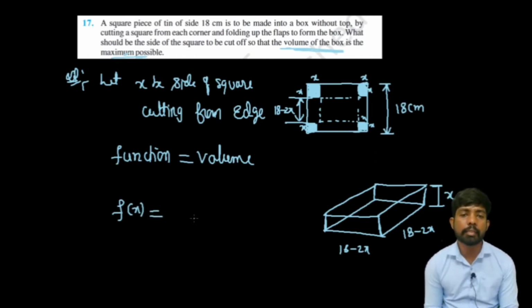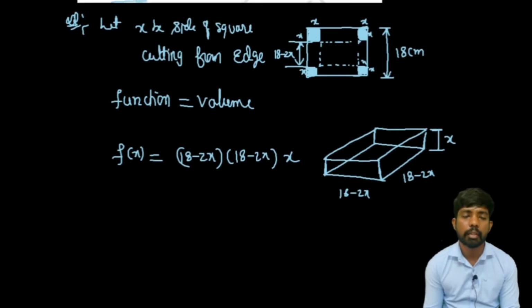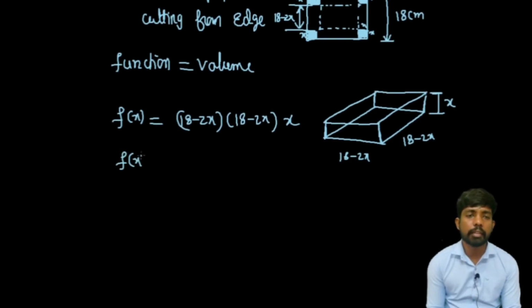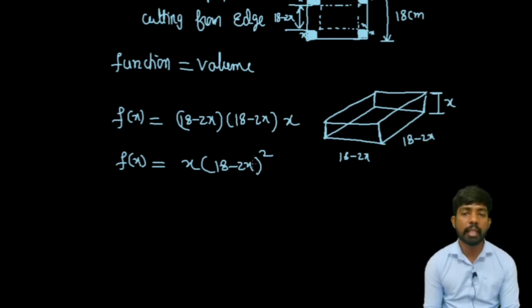Length is 18 minus 2x. Breadth is 18 minus 2x. Height is x. Clear? Now, f of x is equal to x into (18 minus 2x) whole square. Hence we framed the function.